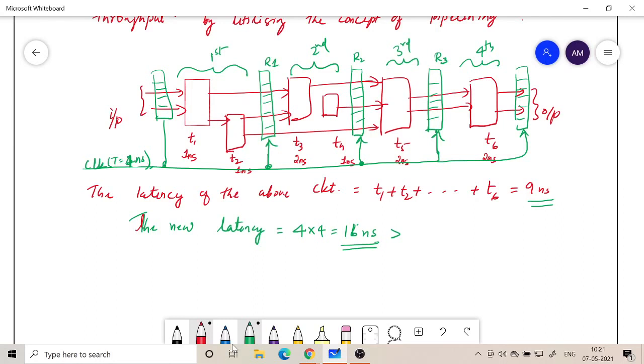That will not affect the computation already performed in the combinational circuit in block number 1, which is available at the register R1 output, feeding the input to the second block. After the computation is done there, it will be latched onto register R2, and similarly this continues.